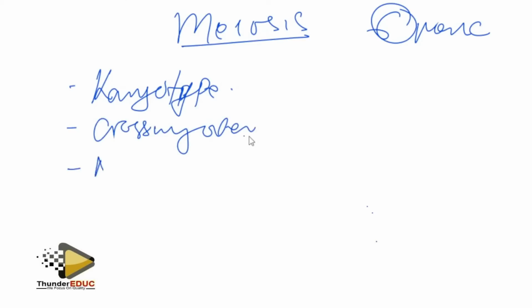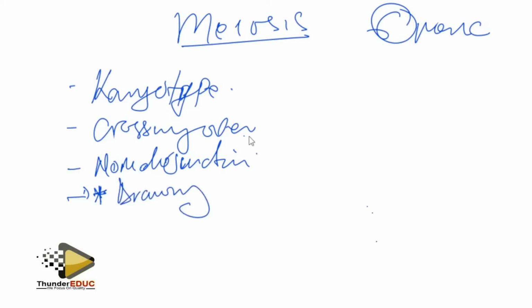You need to know how to describe non-disjunction. Now, this one is a star, it is a drawing: the phase before, the phase after, the phase at this side. So you have to know that.